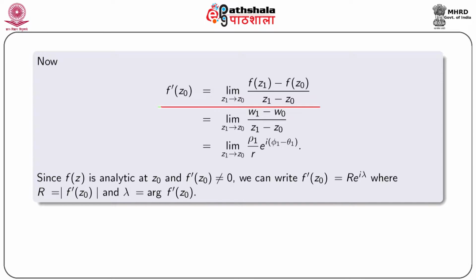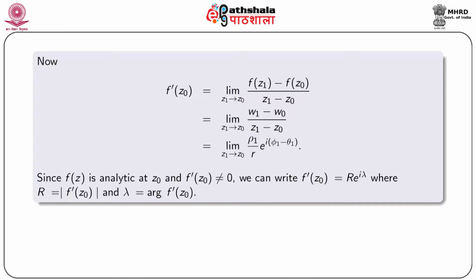Now f dash z0 is equal to limit z1 tends to z0 of (f z1 minus f z0) by (z1 minus z0), and that is equal to limit z1 tends to z0 of (w1 minus w0) by (z1 minus z0), and that is equal to limit z1 tends to z0 of rho 1 by r e to the power i (phi 1 minus theta 1).